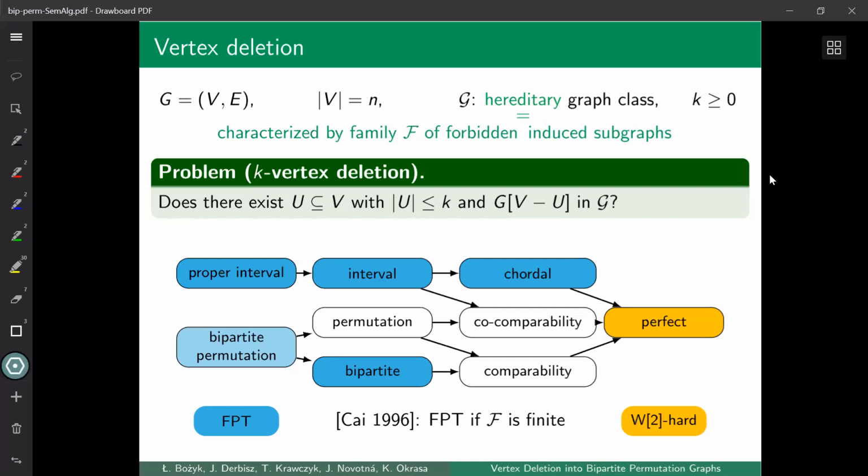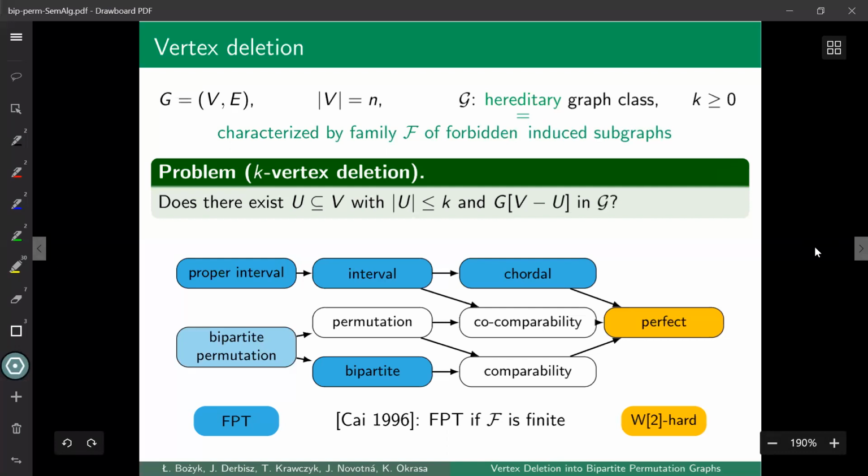Because we have only budget k on the removal of vertices, which is an approach that is clearly exponential in k, in our parameter, but polynomial in n. So it leads to an FPT algorithm. Either we run out of budget and we still have forbidden structures in every possible manner of deleting vertices, or we are able to delete at most k.